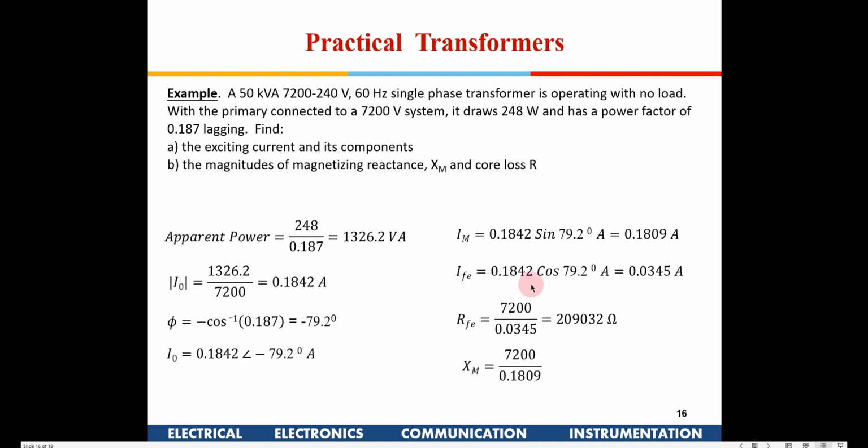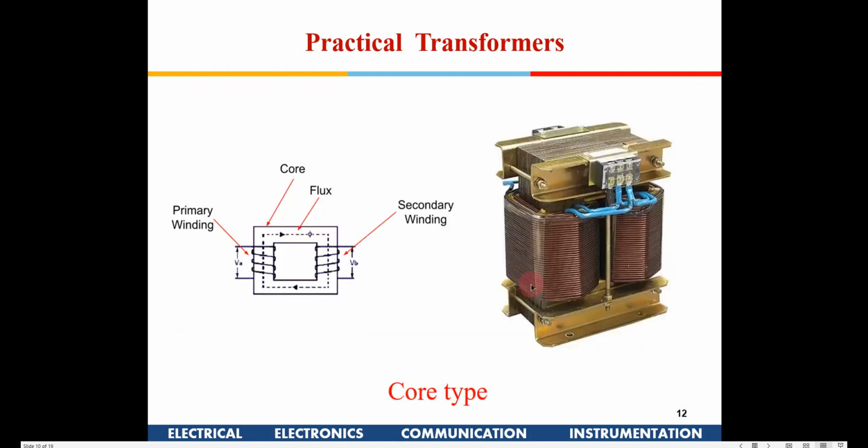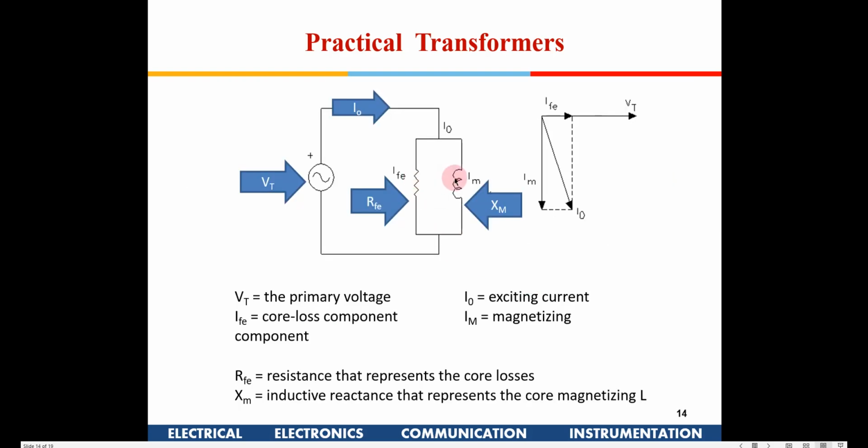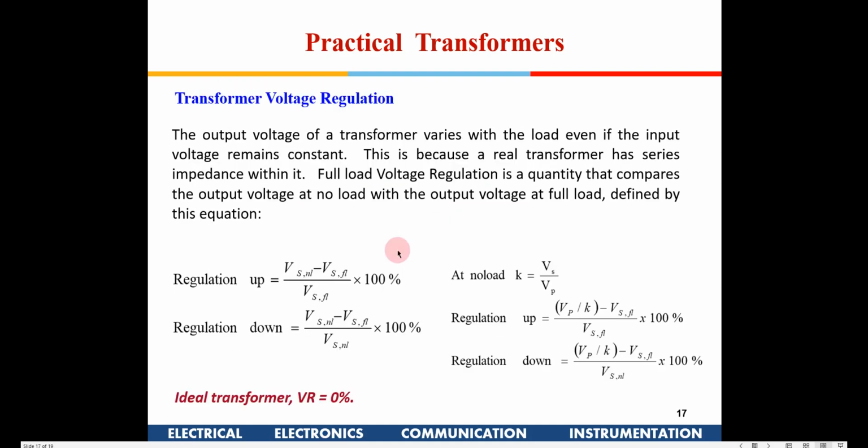Generally, if there are no these two components, there will be no voltage drop in the primary at all. Then you will find that this voltage regulation is 0, in an ideal transformer. But when some current starts flowing in the secondary, the secondary voltage will not be the same.